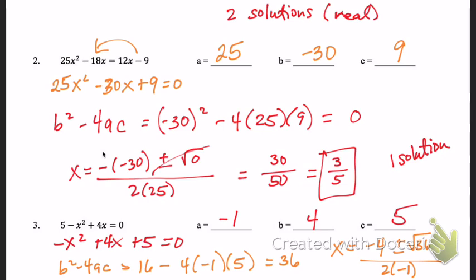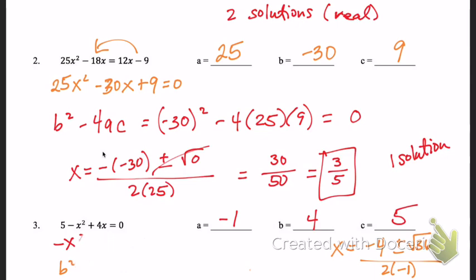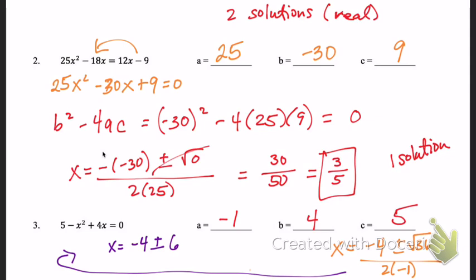I'm just gonna erase this and come over here. Hopefully you have more room on your paper. So then x is equal to negative 4 plus or minus 6 over negative 2. Now, you have all integers, so I'm going to suggest that you solve this out.